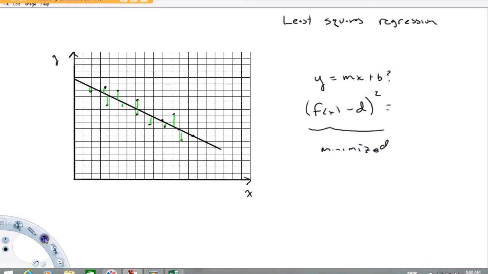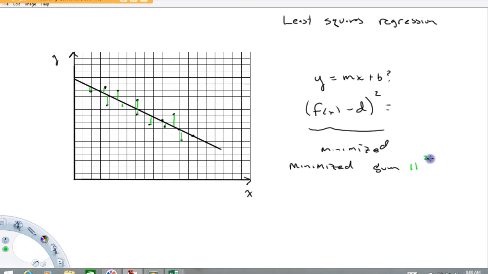So basically, the calculator calculates a line that minimizes the sum of all these green differences, the sum of these things, and typically squared.